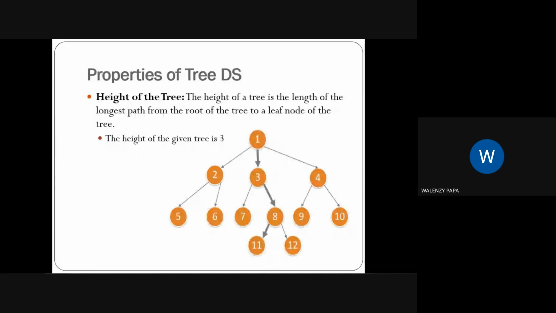The height of node 5 is 0, because it is a leaf. And then node 8 is 1. Node 8 is 1, and 5 is 0.